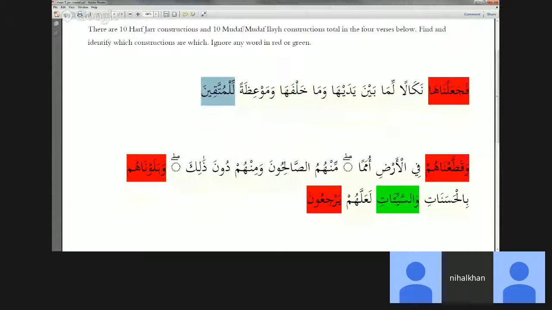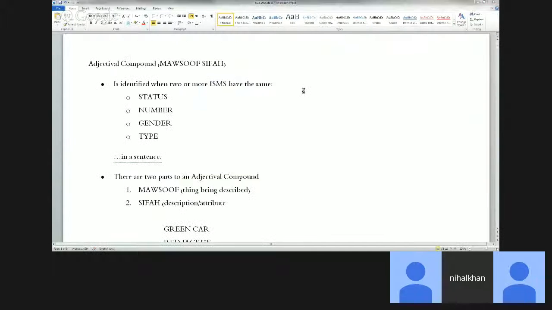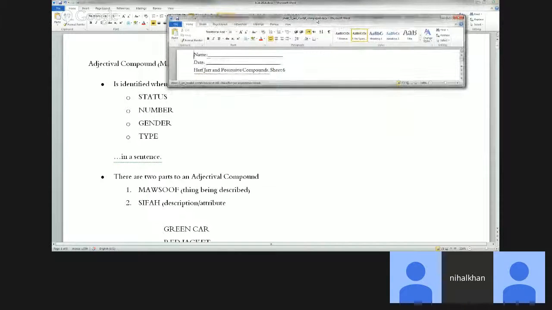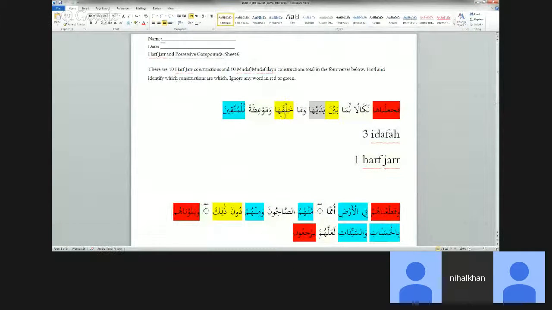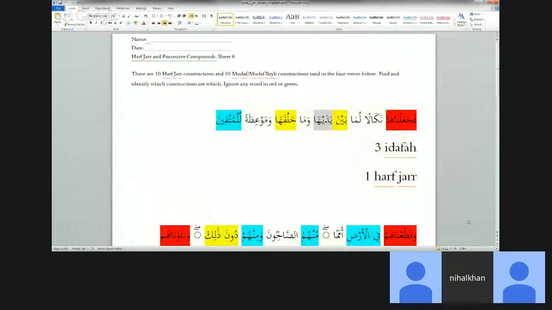Actually, I'm going to open up the Word document for this. Okay, so this is what I've done. This is the answer sheet. So there are 3 idafas here, and there is 1 harf jar.